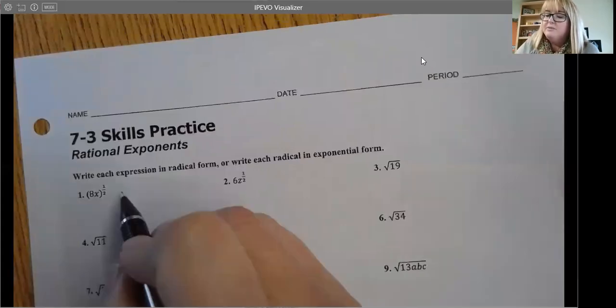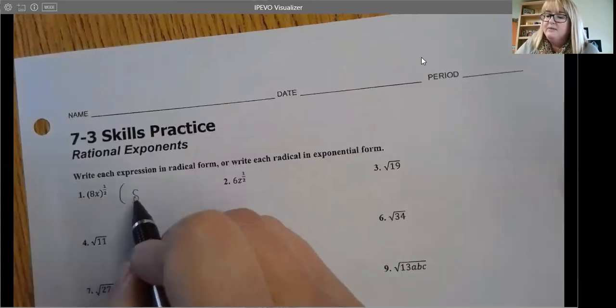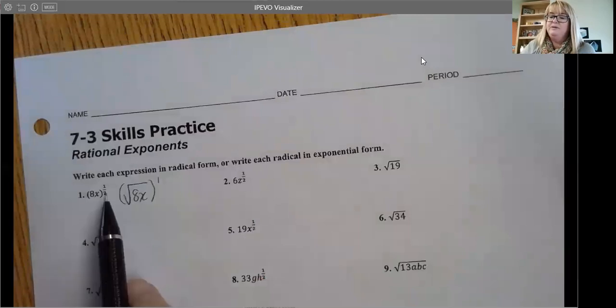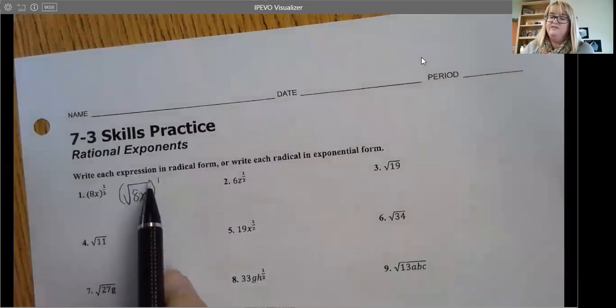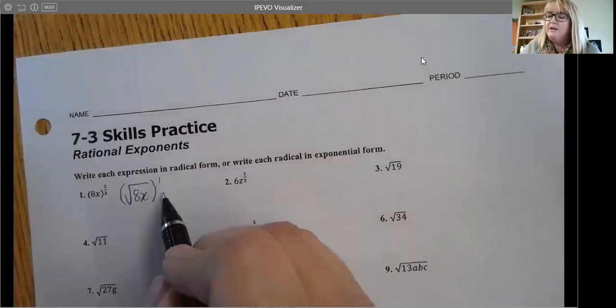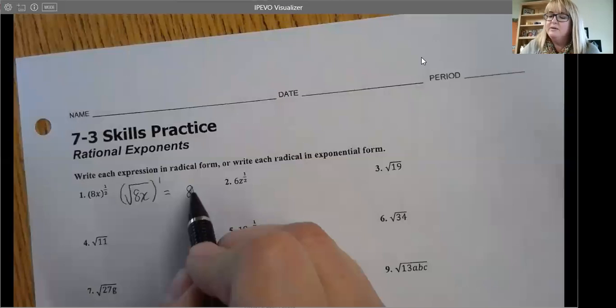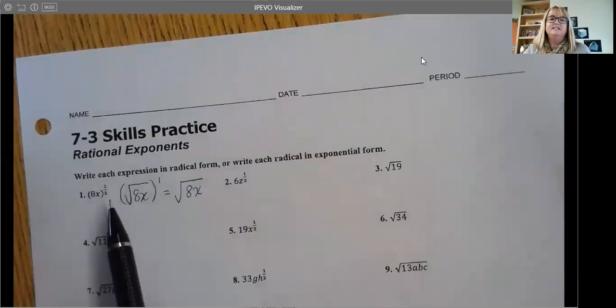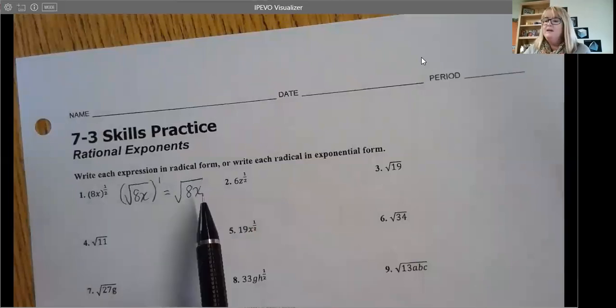So what we're going to do is take 8x and put that under the square root sign, and it's raised to the first power. Again, the 2 is the square root, the 1 is raised to the first power. This, however, is a little bit redundant. We don't really need the first power, so we are just going to write the square root of 8x. So 8x to the 1/2 power is the square root of 8x.